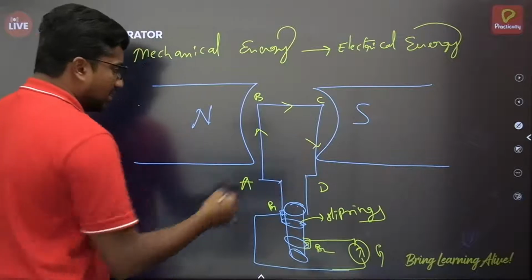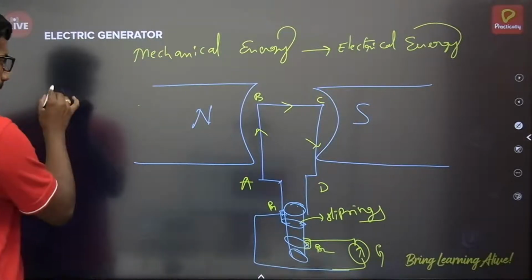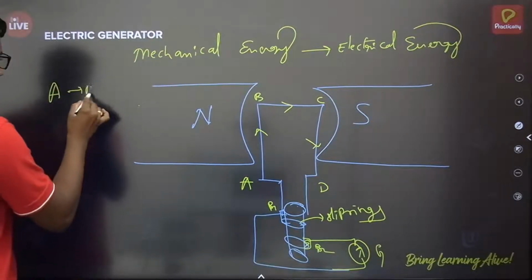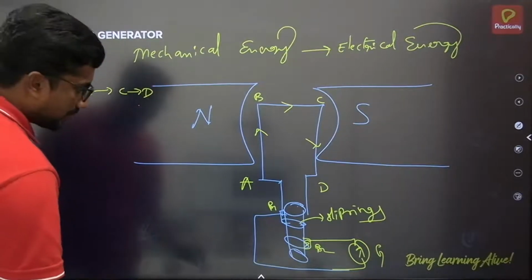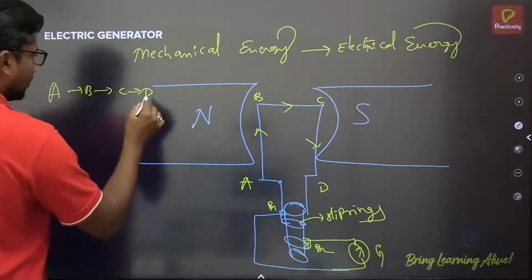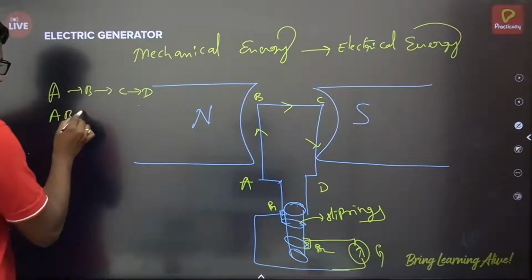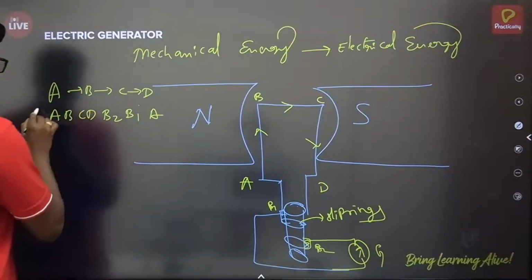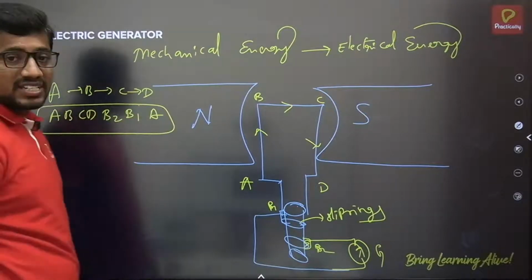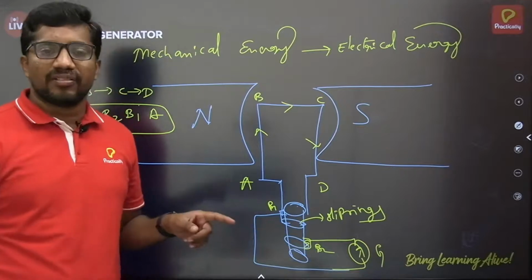So it's A to B, B to C, C to D, and from B2 to B1, A, B, C, D, B2, B1, A. This is the direction of flow of current in the first half rotation of the coil.